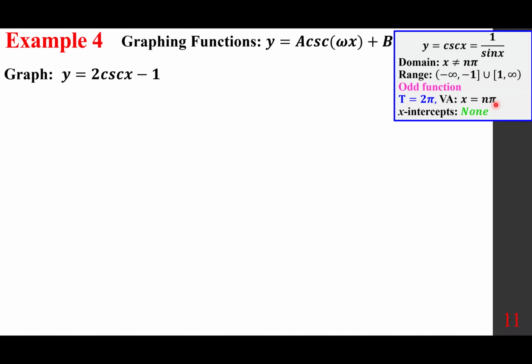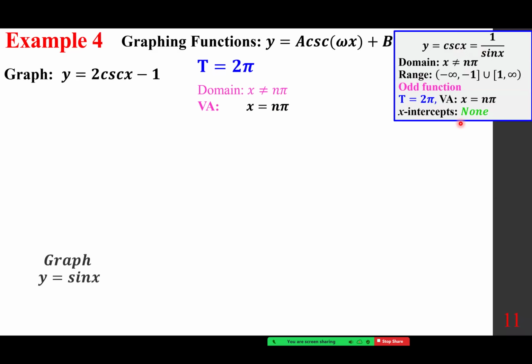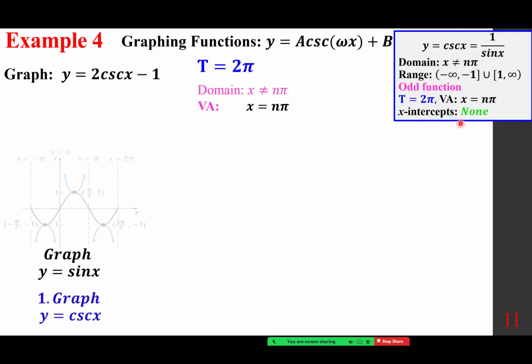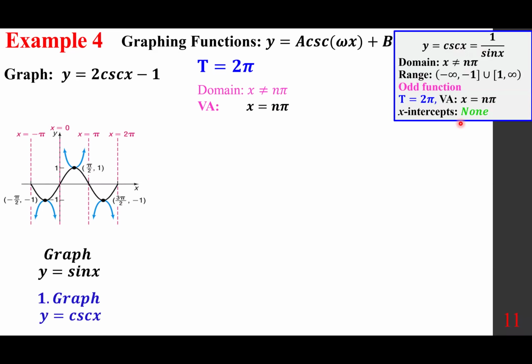So T equals 2 pi. Domain, x can't be n pi, and VA is x equals n pi, just like the basic one. So you graph y equals sine x, and then cosecant x. I'm assuming everybody is following that.